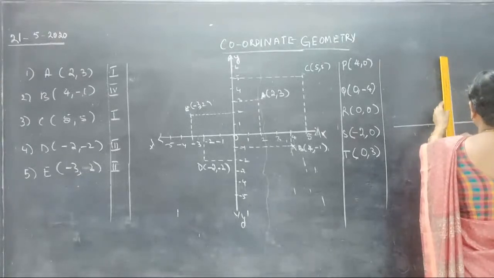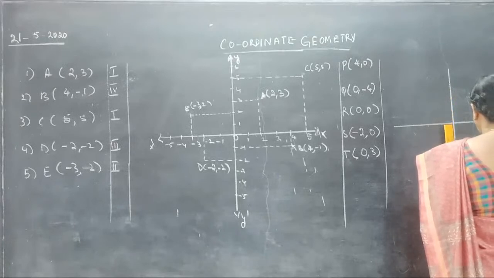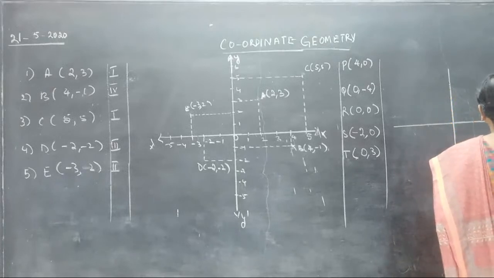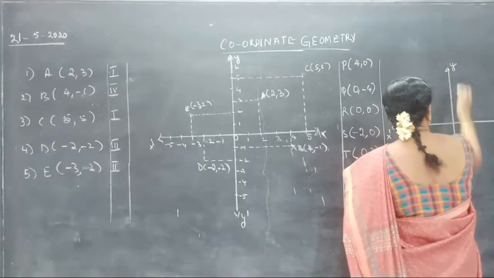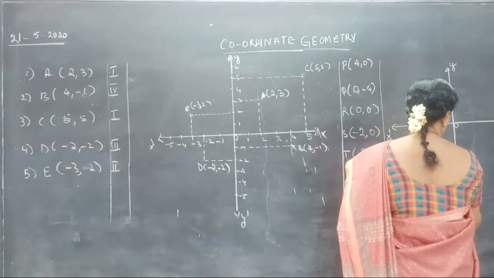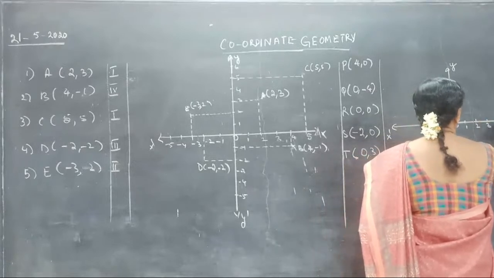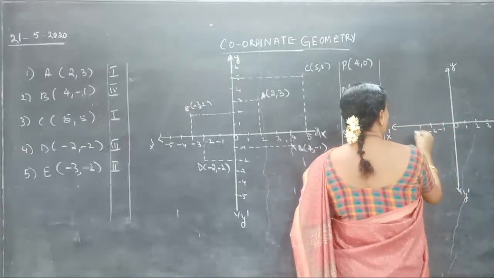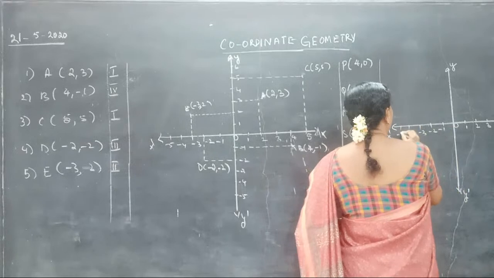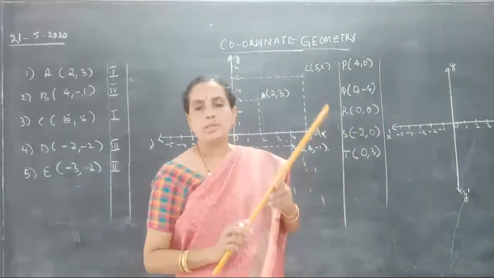Take the points which are given and try to show them, representing them on the x-axis or y-axis. Take 1, 2, 3, 4, minus 1, minus 2. Just observe, you have to put equal markings, positive and negative, using a scale.